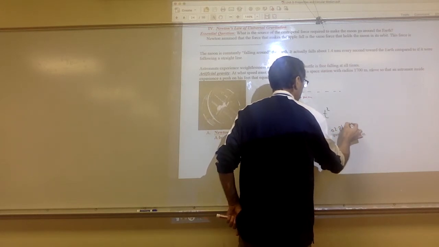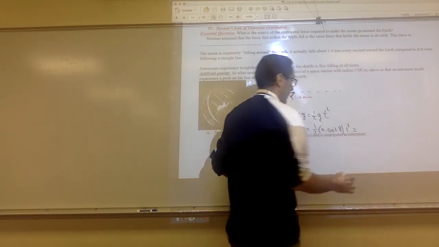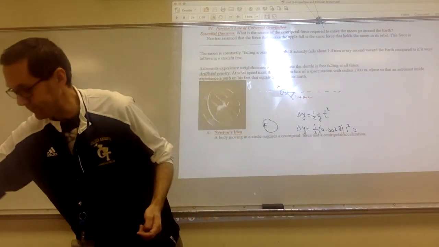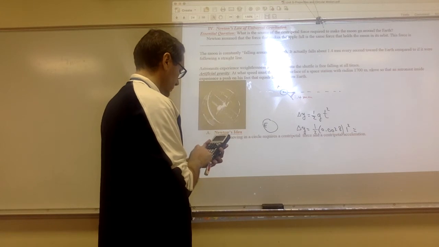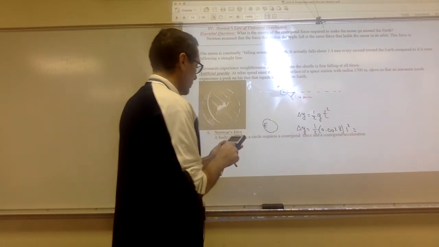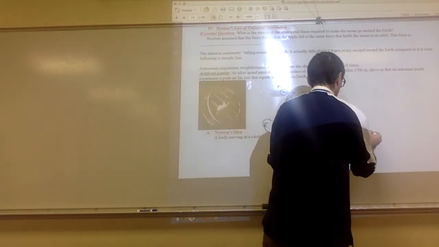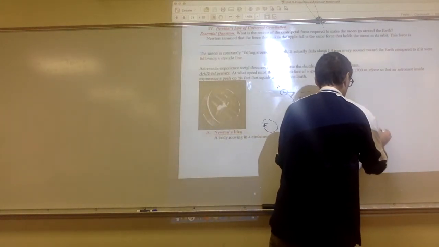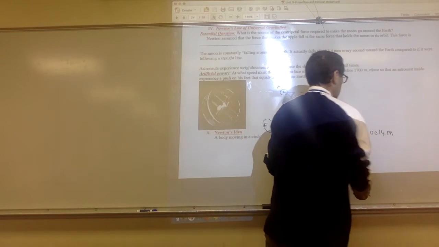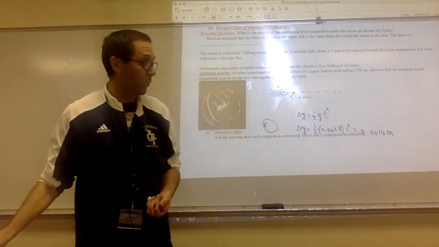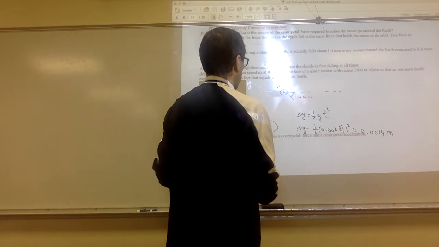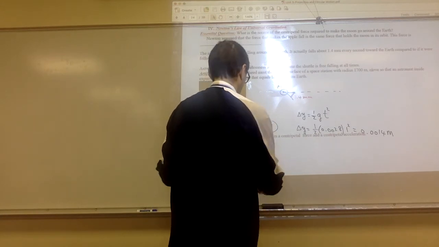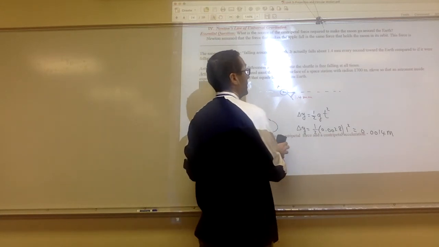Now, we're trying to do this for 1 second. So if we do the math here, we get about 0.0014 meters. And that translates to about 1.4 millimeters. So that's a proof that the moon is actually not going straight, but it's dropping. And it's dropping by 1.4 millimeters.